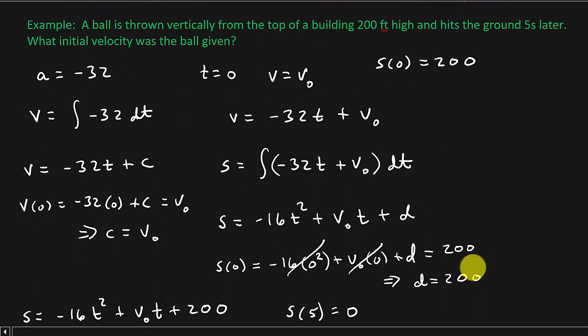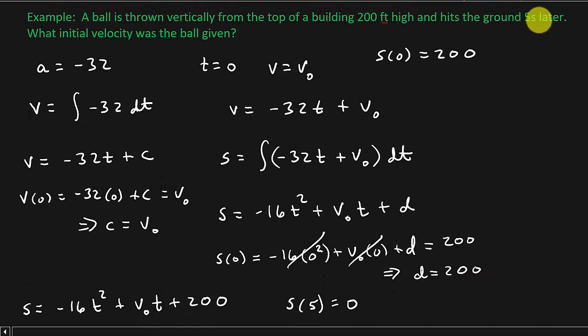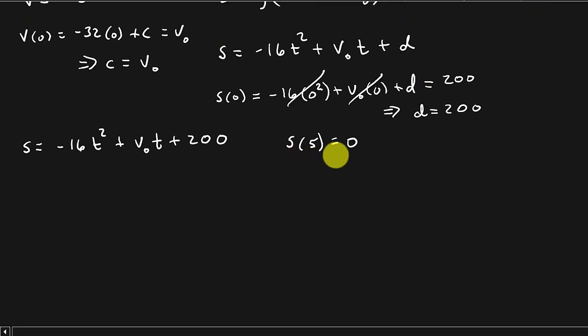Because when t is 5 seconds, the ball hits the ground. So what would be the height of the ball? It would be 0, right? All right, so I've got this condition, so I can plug this in here. s of 5 is equal to negative 16 times 5 squared plus v0 times 5 plus 200, and that should equal 0.